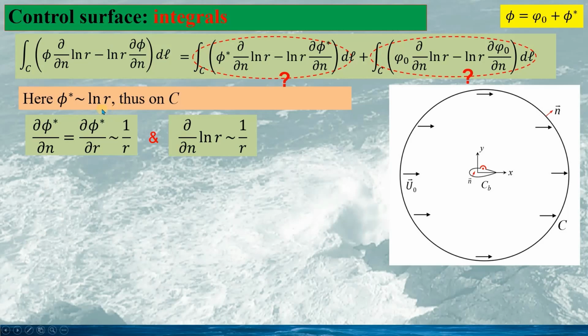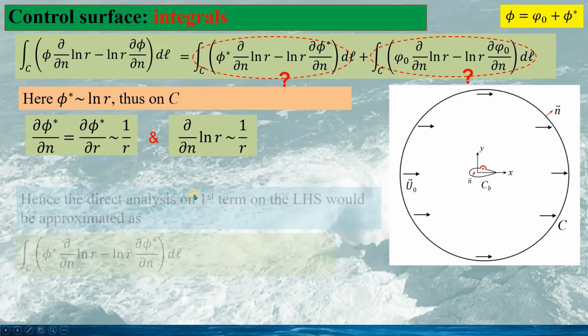As we have shown, the disturbance potential function would be proportional to ln r. Thus, on C, the normal gradient of the disturbance potential function would be roughly proportional to 1 over r, and this is the same for this normal gradient.